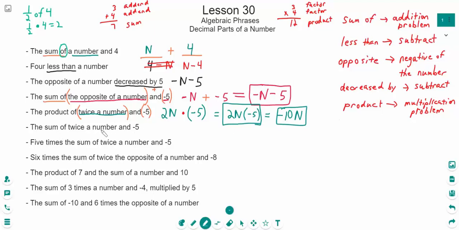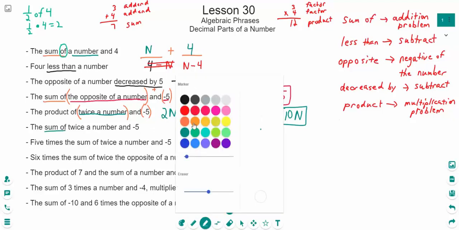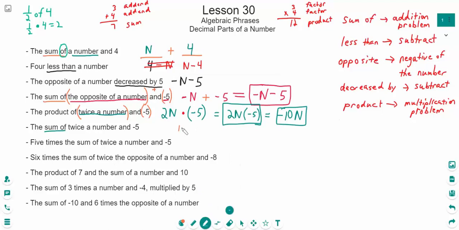The sum of twice a number and negative 5. So here again we have sum of, we've talked about that before, that would indicate addition, right? Right away we know there's addition. All right, so we need to figure out what are the two add-ins. Well, we look for that and. That's kind of a key part there. That kind of separates the two add-ins. So the sum of what and what? Well, the sum of twice a number and negative 5.